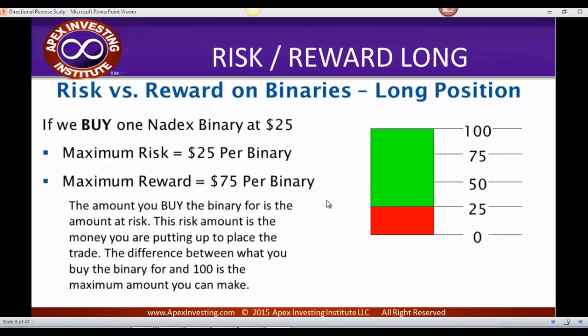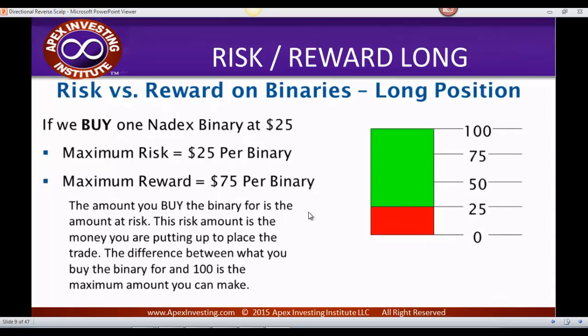Here's a quick example. If we buy a Nadex binary at $25, then our maximum risk is $25. All right, that's the most that we can lose. On a long position, meaning when you're buying, the amount you buy the binary for is your amount at risk. The risk amount is the money you're putting up in order to place the trade.